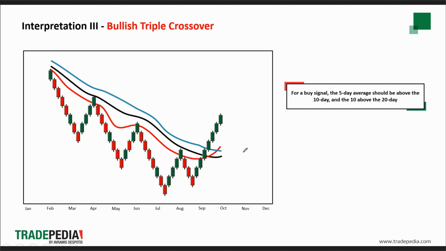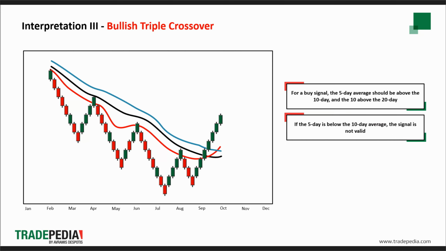So how can you tell the bullish triple crossover has happened? If the 5-day is below the 10-day average, the signal is not valid. The entry is only activated when the 5-day crosses above the 10-day average, while the 10-day average is still above the 20-day average.